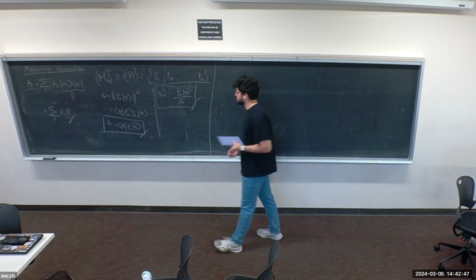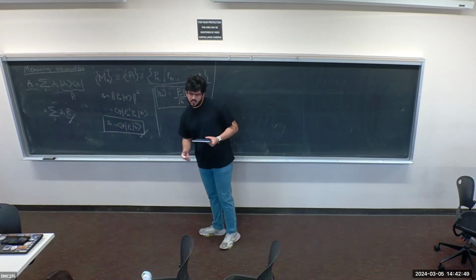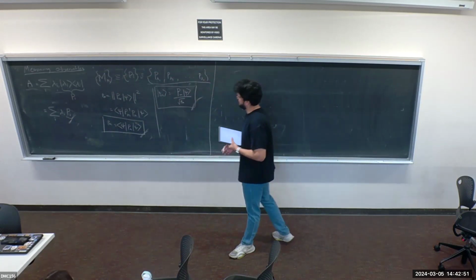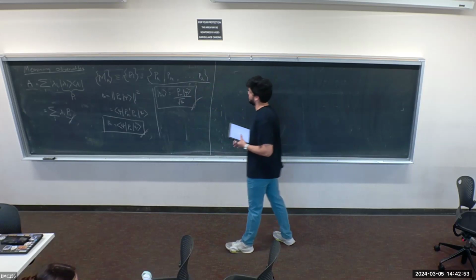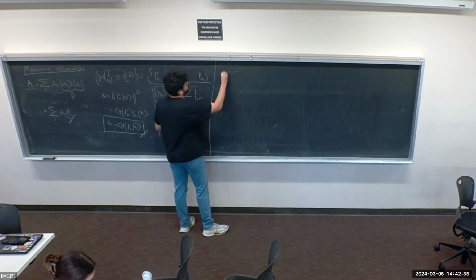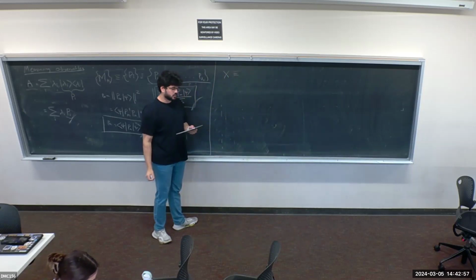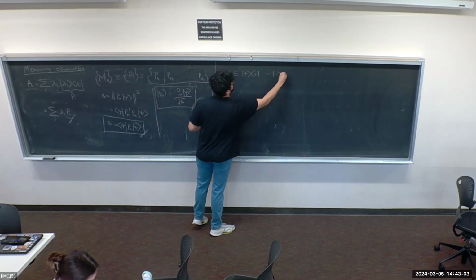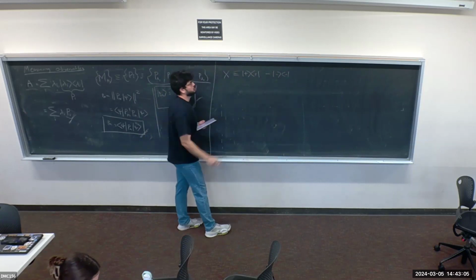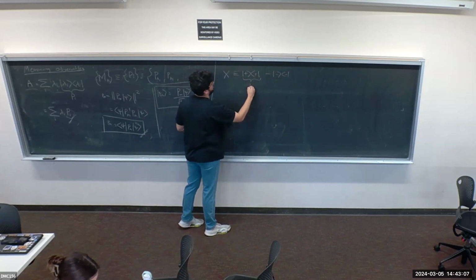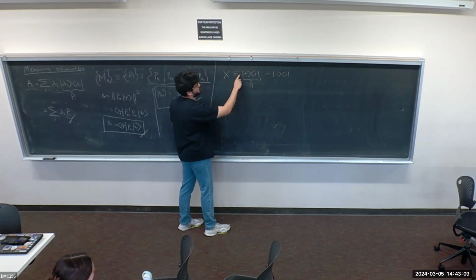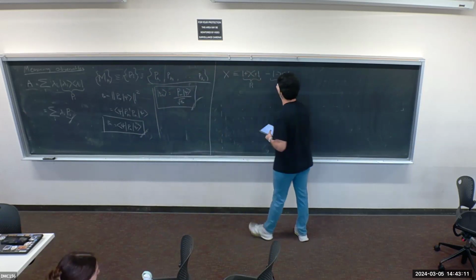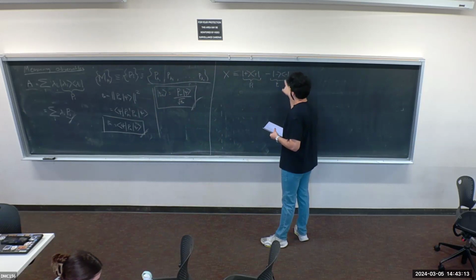Or you can also just memorize the spectral decomposition for mostly used matrices, which are Pauli X, Pauli Z, and Pauli Y. The spectral decomposition for Pauli X is plus plus minus minus. So this is the projection operator P plus for the eigenvalue plus 1. This is the projection operator for eigenvalue minus 1.